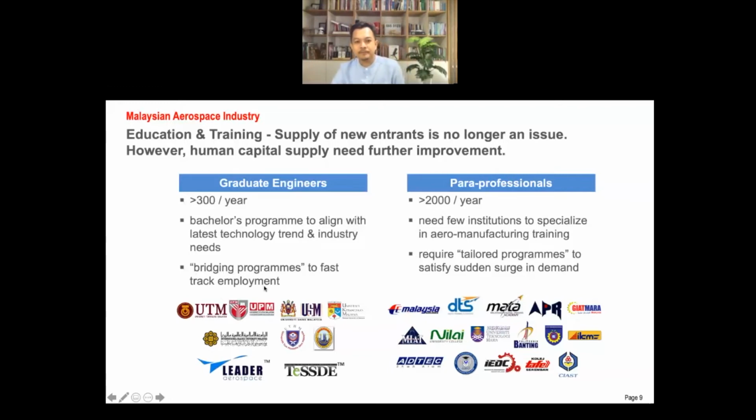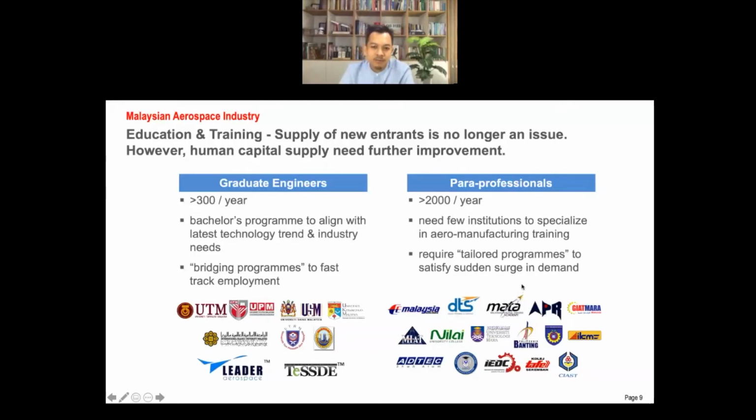At the same time, we also have a systematic program related to para professionals, and these are the skilled workers, right? We have a handful of players producing more than 2,000 skilled workers, diploma holders, as well as Bachelor of Engineering Technology graduates from various institutions to go into the marketplace.